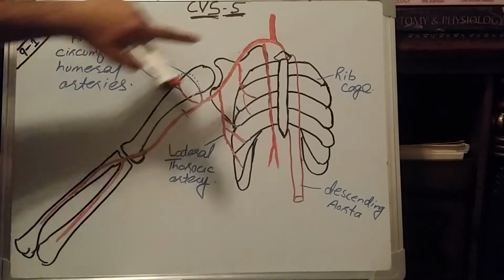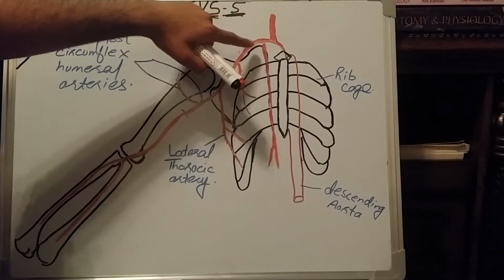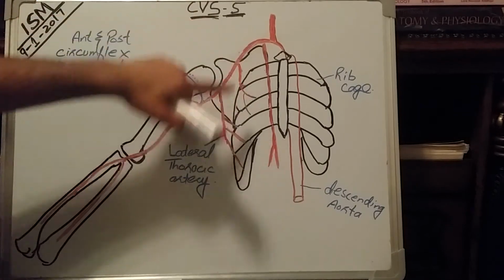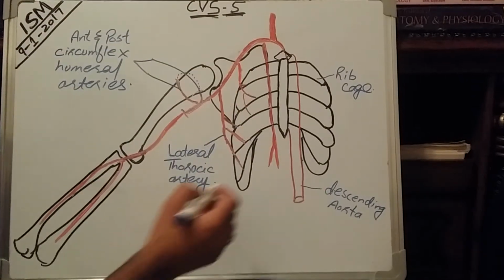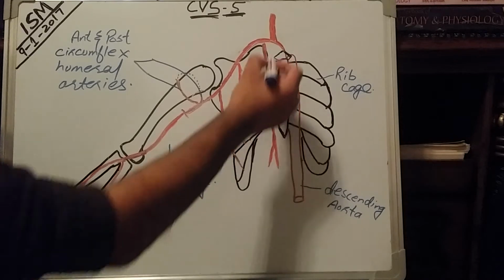The branch originating from the first portion of the subclavian artery is the internal thoracic artery, so I will write it here.